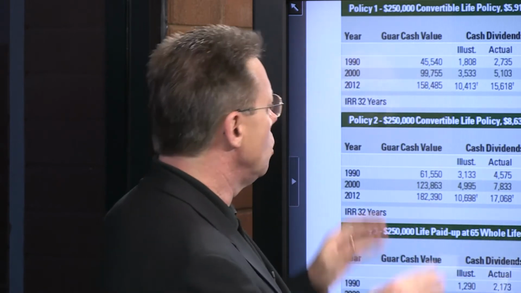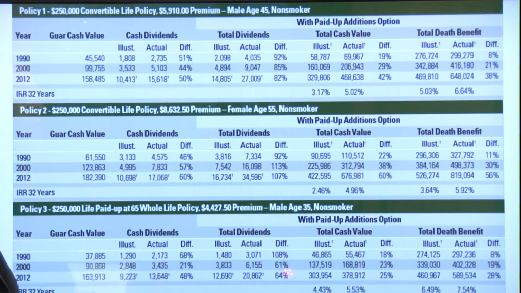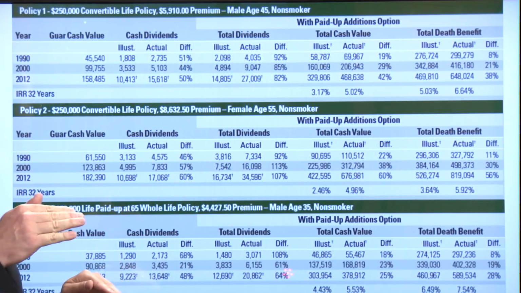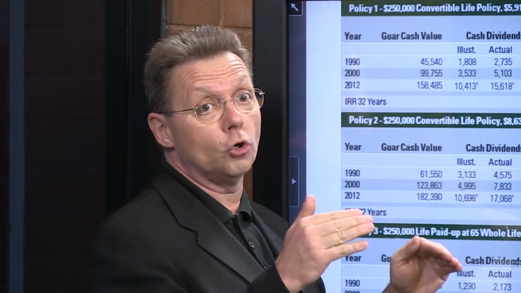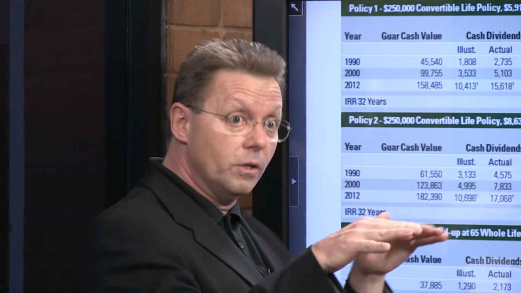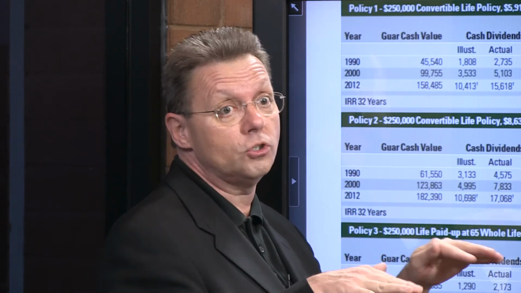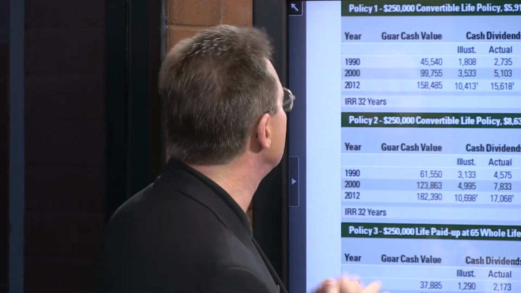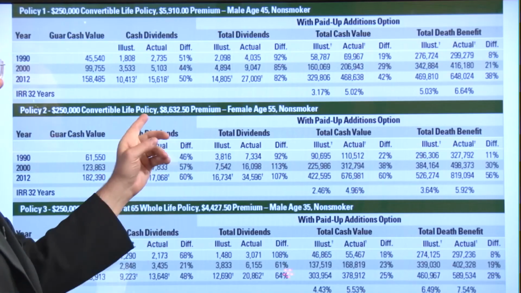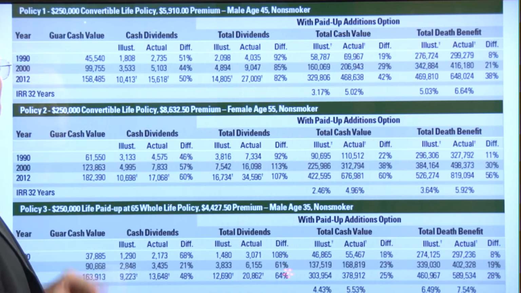Here's another one. We're looking at now a female, 55 non-smoker. We're going a little older, but remember, actuarially, maybe not that much older because she may be very close, especially today, to a male 45, but let's look at these numbers. She's using an $8,632 premium for $250,000 of convertible life at her 55-year-old age, non-smoking.